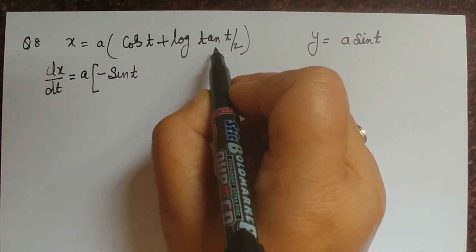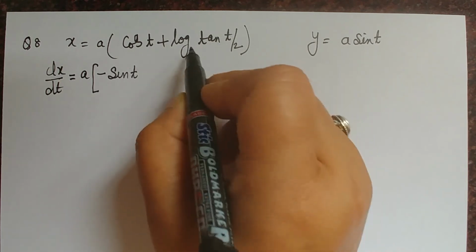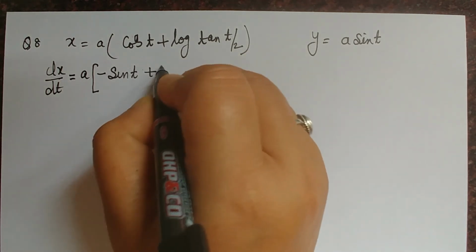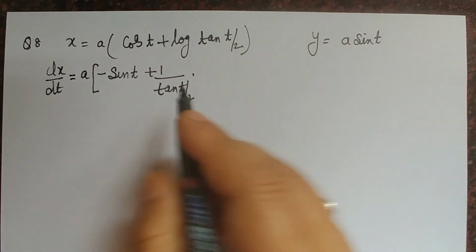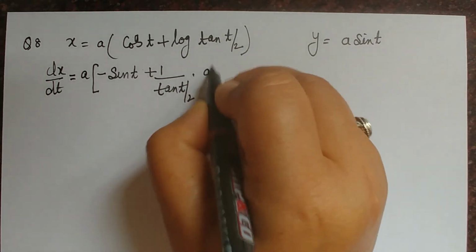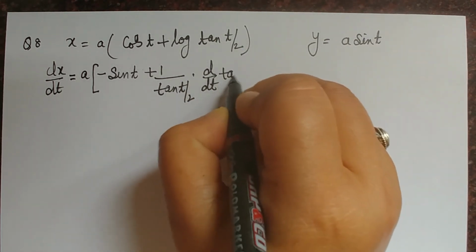Okay. What is the derivative of log tan t by 2? The derivative of log of something is 1 upon tan t by 2 into d/dt of tan t by 2.